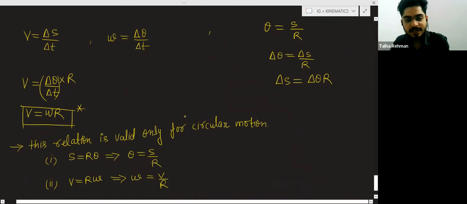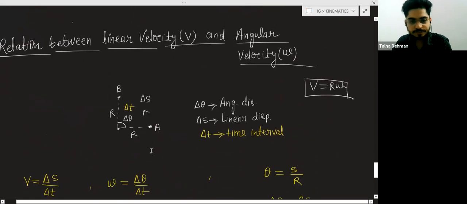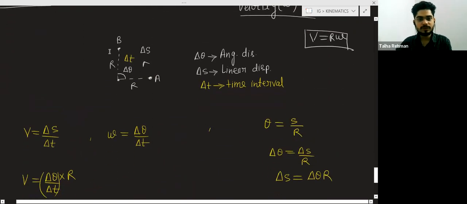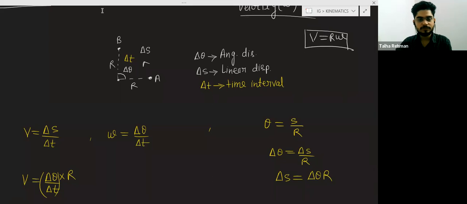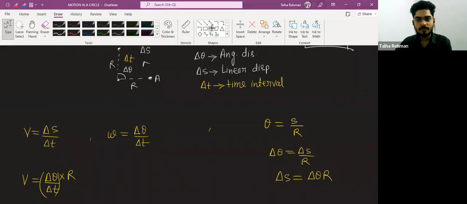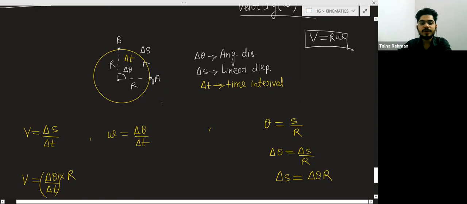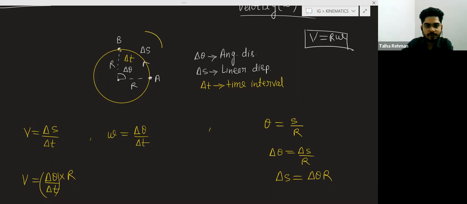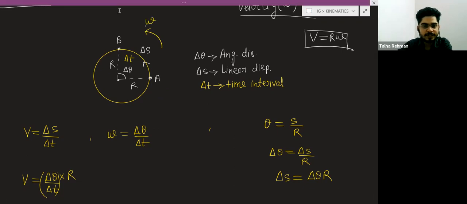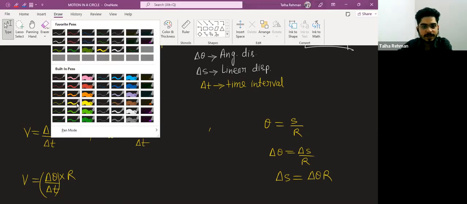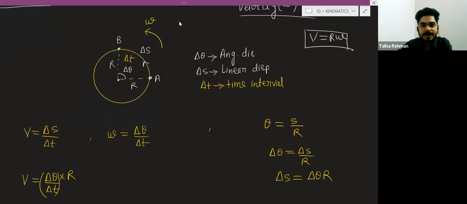So now we have the relation. This is a circle, no? If I want to find the direction of the linear velocity at point A and at point B, this body is moving with the angular velocity omega in this direction.